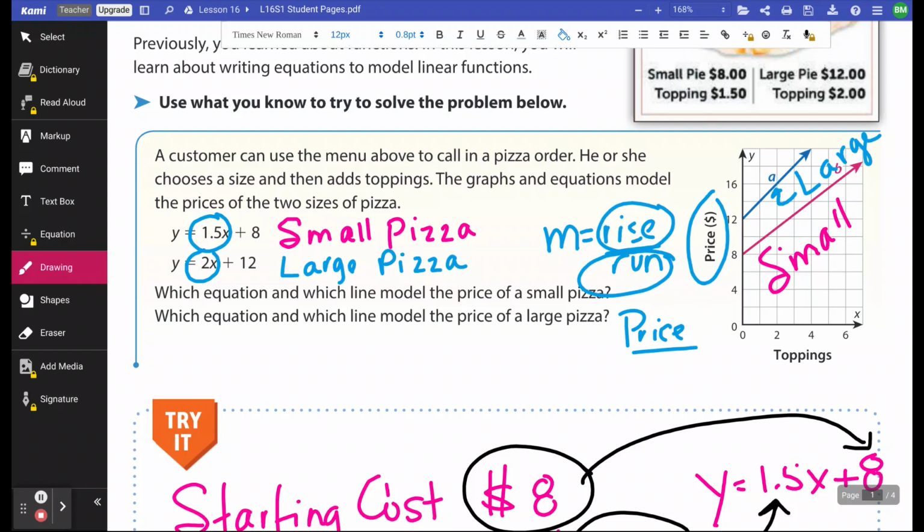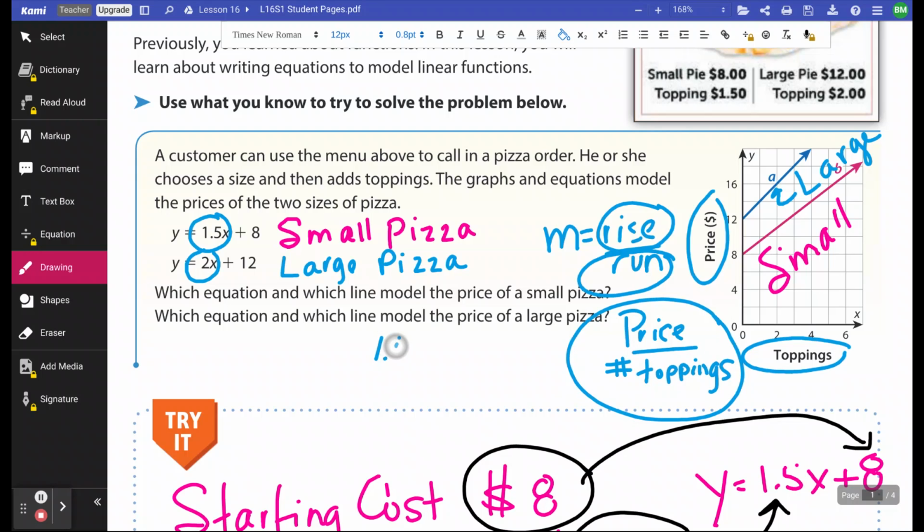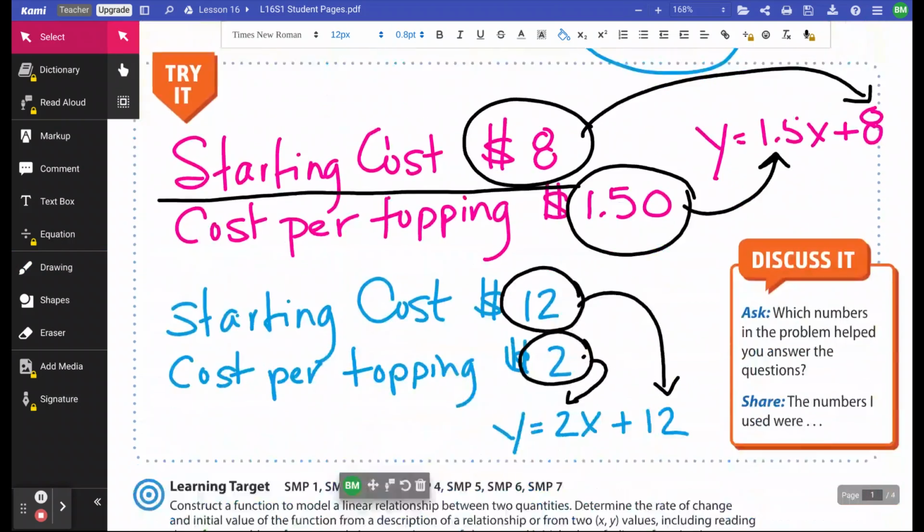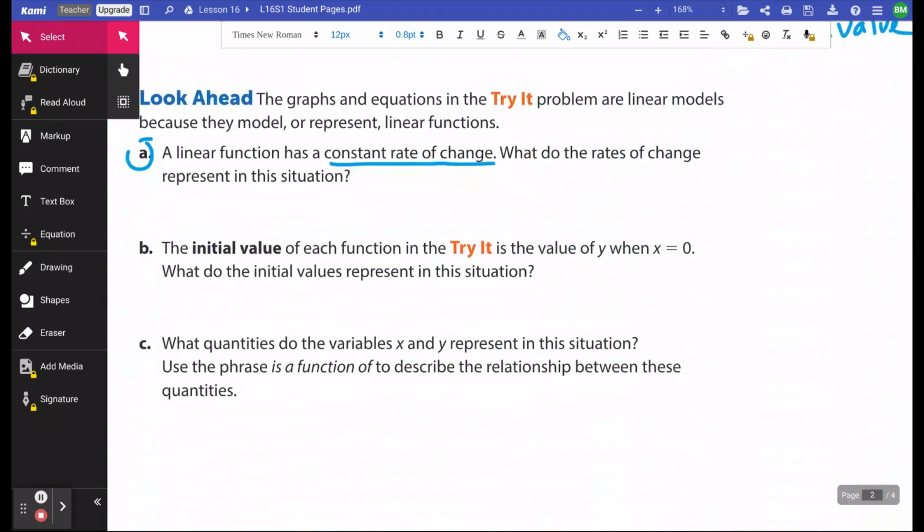The number of toppings. So price over number of toppings. So we're going to use this to interpret this 1.5 slope for the small pizza, or rate of change, and this slope of 2, or rate of change of 2, for the large pizza. So let's go back down and use this information to answer the question at hand here.